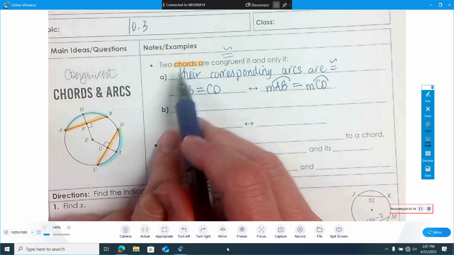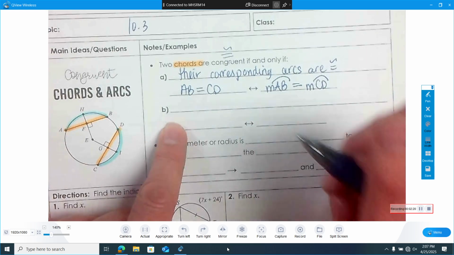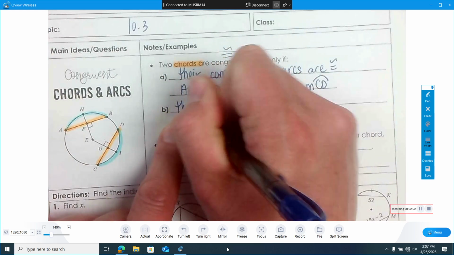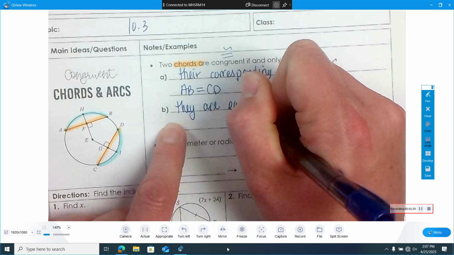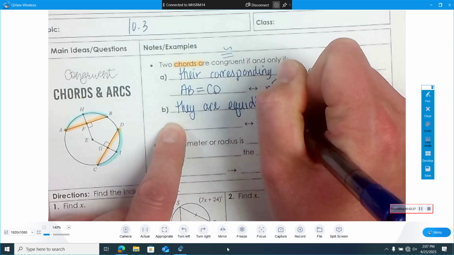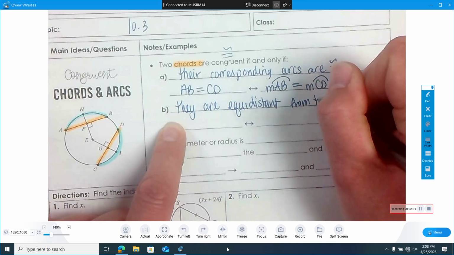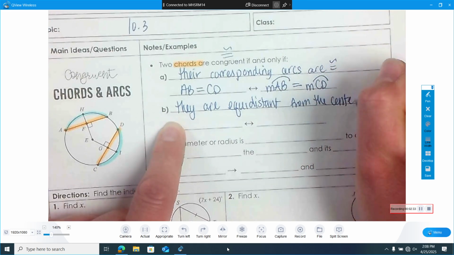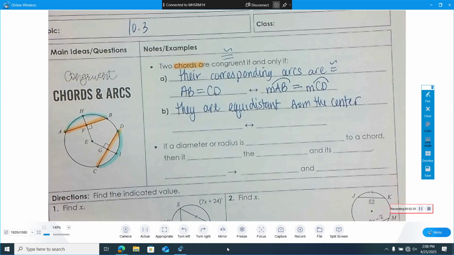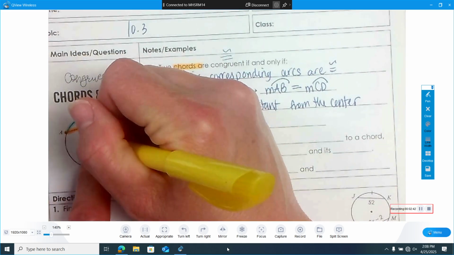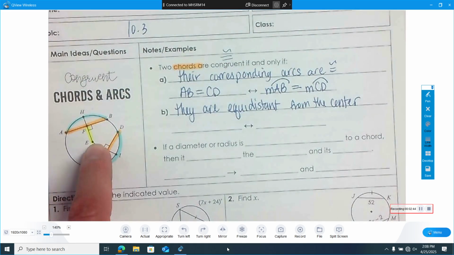Also, two chords are congruent if they are equidistant from the center of the circle. To be equidistant from the center, we're going from the center directly to the chord. And to measure distance, we always go perpendicular, straight to it.